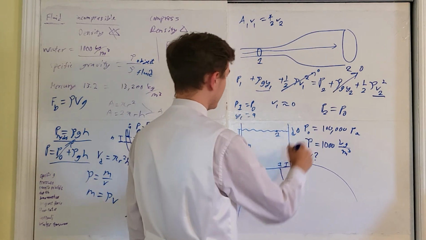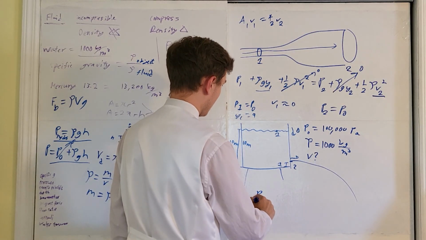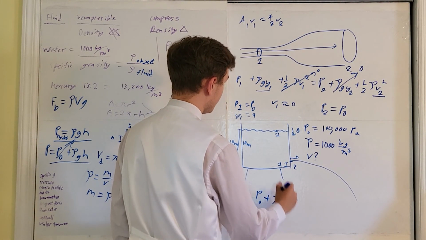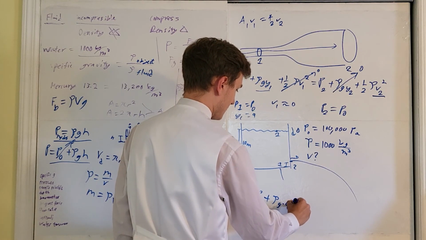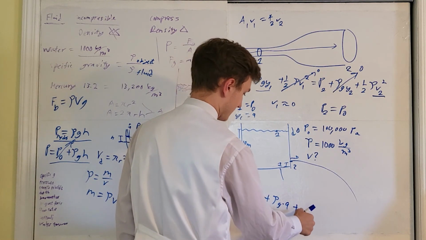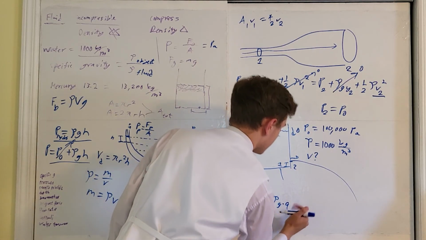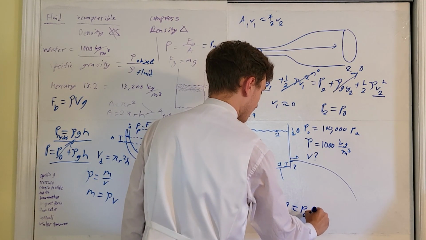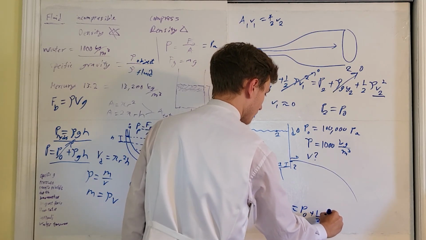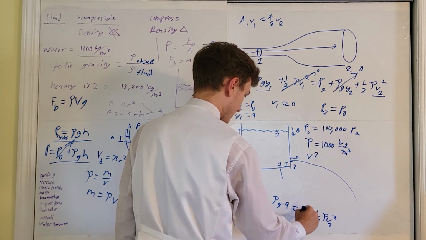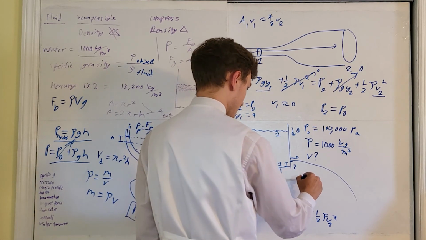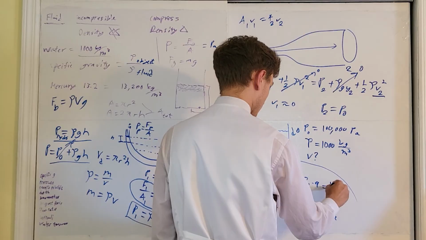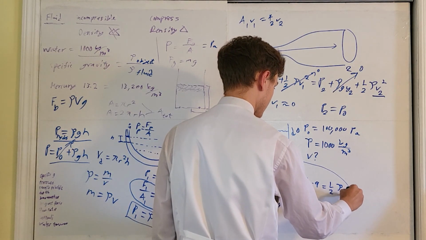Okay, so if we plug in everything now, we get P1, which is P0, plus rho g times 9, equals P2, which is also P0, plus 1/2 rho V2 squared. P0 present on both sides, that can cancel out. We get rho g times 9 equals 1/2 rho V2 squared.